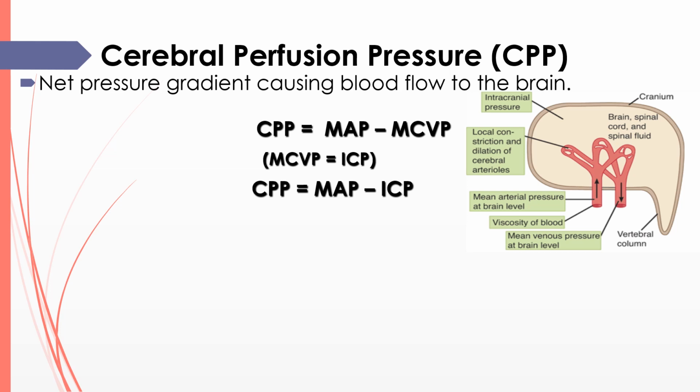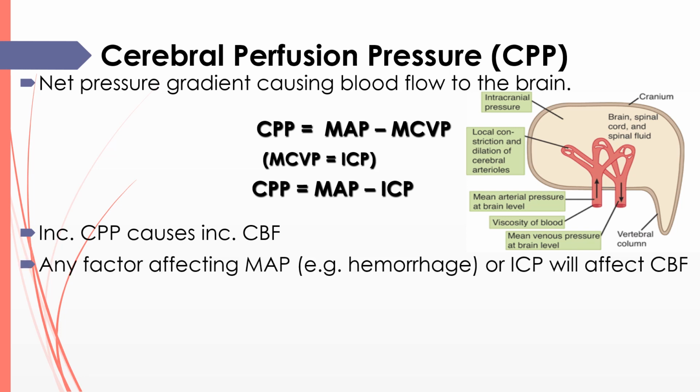So cerebral perfusion pressure is equal to mean arterial pressure minus intracranial pressure. Any increase in the cerebral perfusion pressure causes an increase in the cerebral blood flow. Any factor affecting the mean arterial pressure, such as hemorrhage, or the intracranial pressure affects the cerebral blood flow.